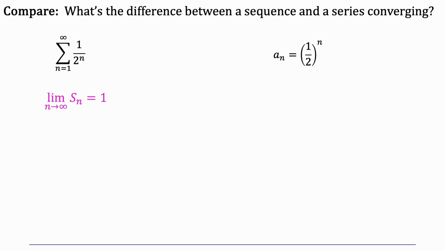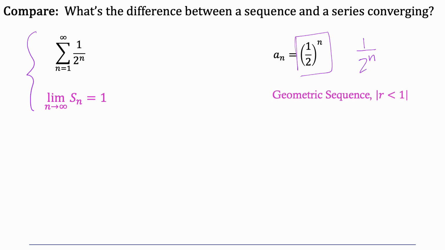I want to stop just a moment and talk about the difference between a sequence and a series converging. This series here is one we just looked at, 1 over 2 to the n, and we said it looks like this series is converging to 1, and we're going to learn how to test that later. But this is an a sub n, and it's basically the same thing, 1 over 2 to the n.